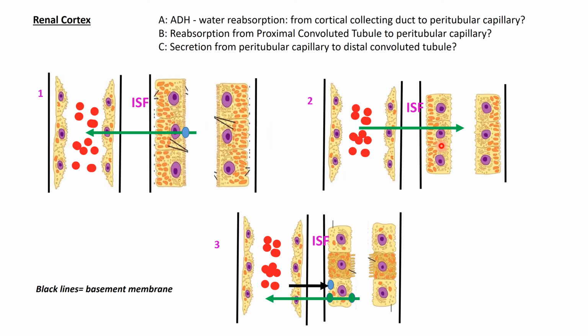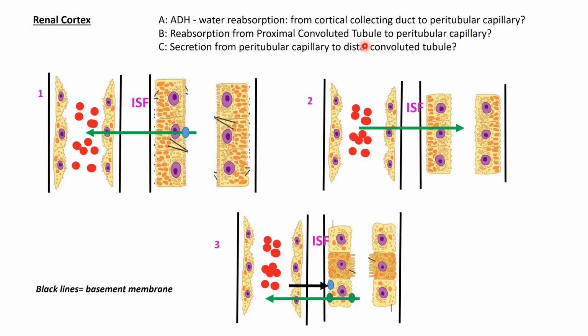Now this is simple cuboid epithelium, no microvilli or maybe remnant, less mitochondria. And here again, endothelium, simple squamous epithelium. And look, you're going to have a lighter cell and a darker cell. So that gives you a clue that this is going to be the cortical collecting duct.